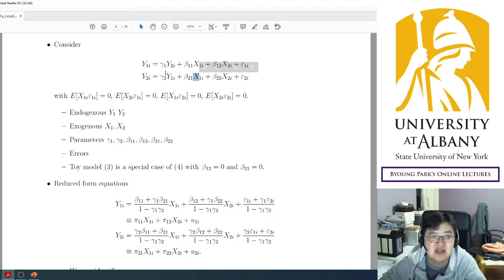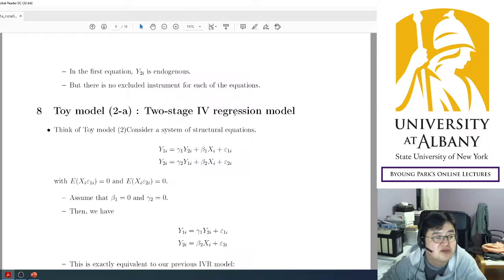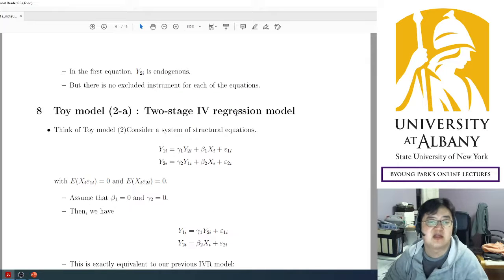The only candidates are y1, x1, x2, but they are all included in the first equation. So there is no valid instrument for y2 in this setup. Therefore, the IV approach doesn't work either. Anyhow, there is nothing you can do.